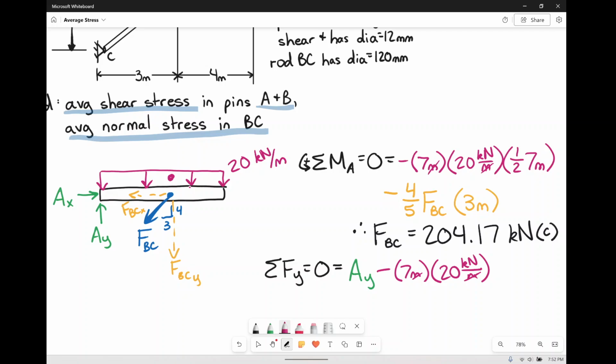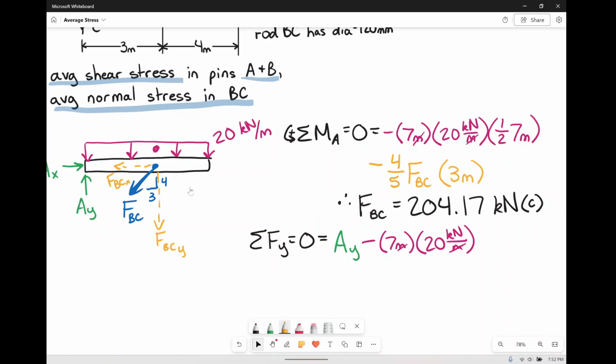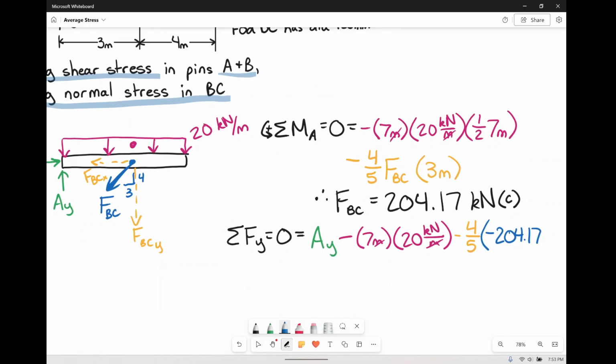And then we have that force. Again, we just found the y component, kind of. We know that y component, we did say he is negative. So let me show you how I'm going to do this. Currently, in the direction that my arrows are drawn, because I'm not going to redraw them, he is going down, so minus. Again, the y component was 4/5 of FBC, but FBC, as we literally just found, is a negative 204.17, in kilonewtons.